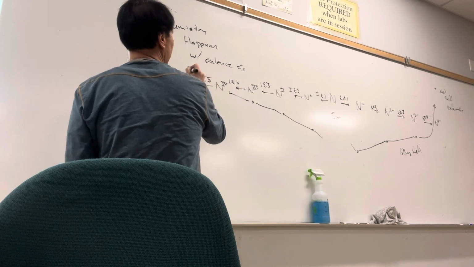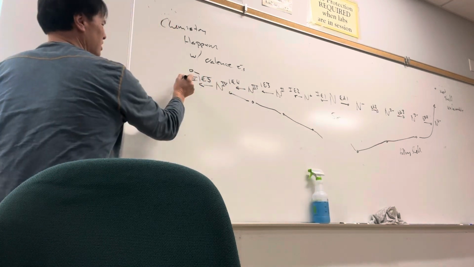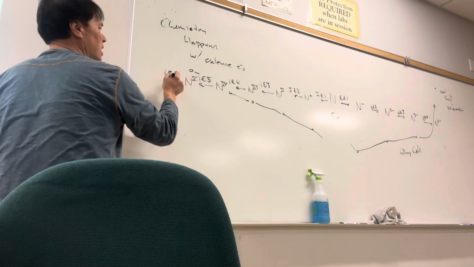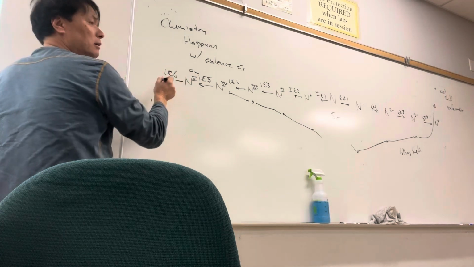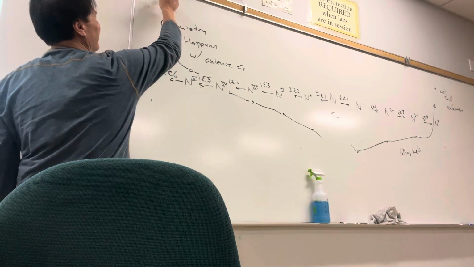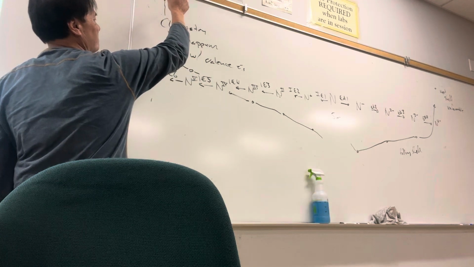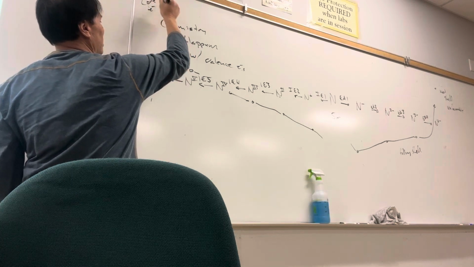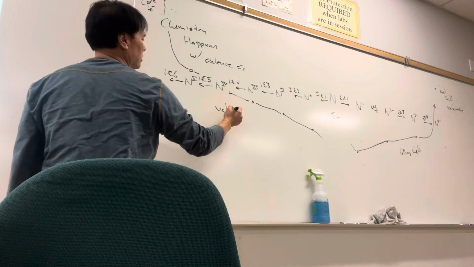The fifth is going to cost energy. But what happens if we try to do IE6? Then we're ionizing not a valence electron, we're ionizing a core electron, and the energy skyrockets way up here. That's because you're trying to ionize a core electron, whereas these are valence electrons.